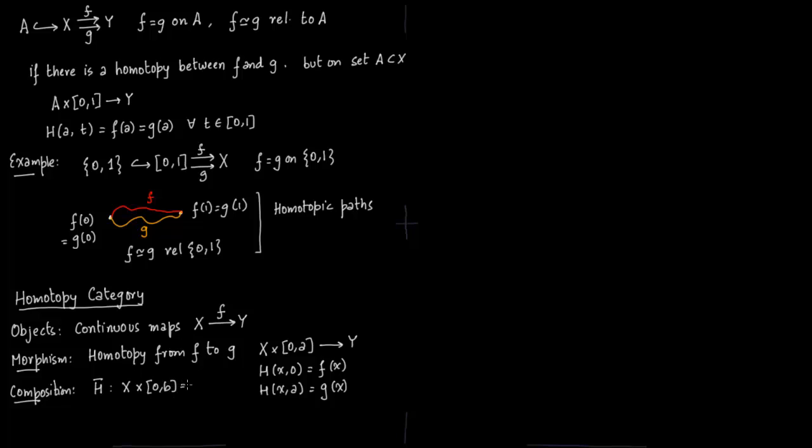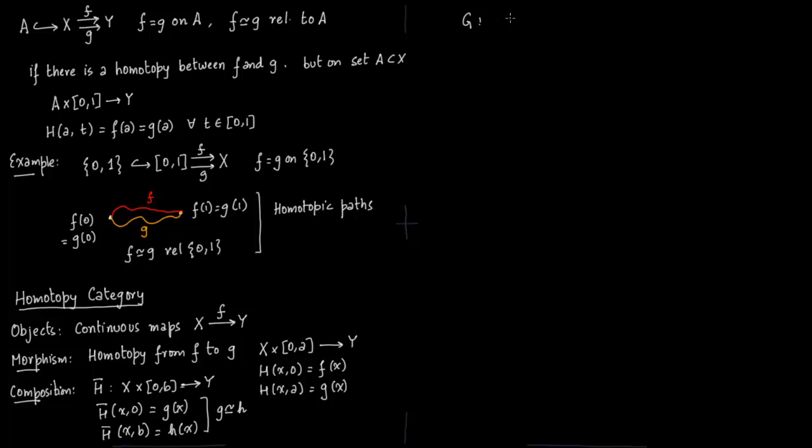So X times 0 to B goes to Y such that H bar of X, 0 is G of X, and H bar of X, B is small h of x. So basically I'm saying G is homotopic to h via this homotopy.